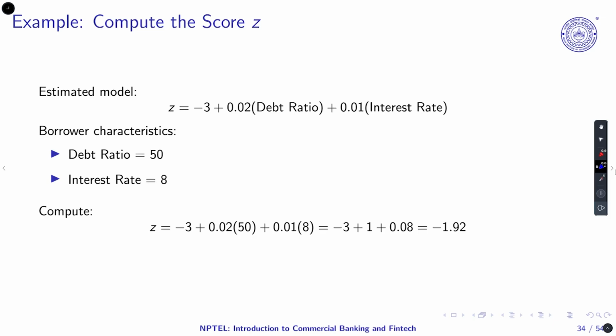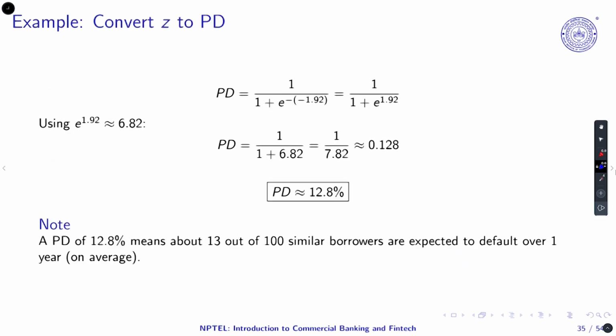Now suppose we have another model which has only two variables, debt ratio and the interest rate. So here we can see the G value that we are computing is 1.92, and if I calculate the odds of this, then we have 1 plus e to the minus G, so e to the minus G becomes minus minus plus.